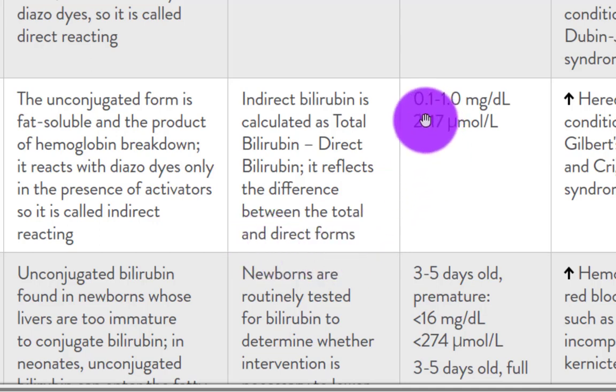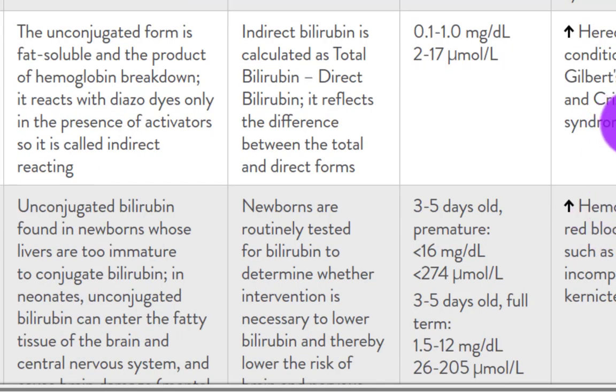The measurement is 0.1 to 1 milligram per deciliter. Increased in hereditary conditions like Gilbert disease and Crigler-Najjar syndrome.